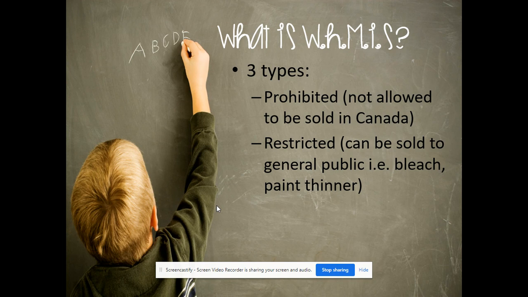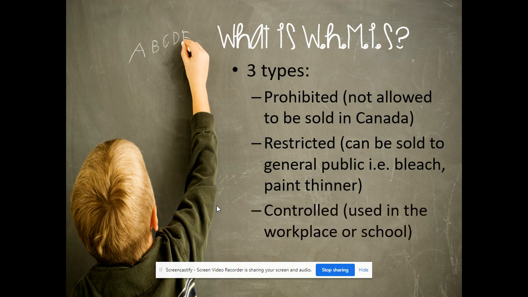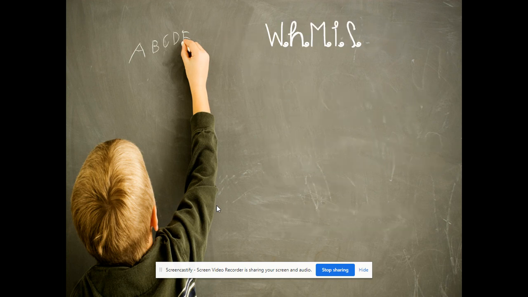Okay, anybody can buy it. And then the last one is controlled products. Okay, and those are things that are used in the workplace or school. If I write along with you, then I can't go nearly as fast. Okay, all good. Next one.